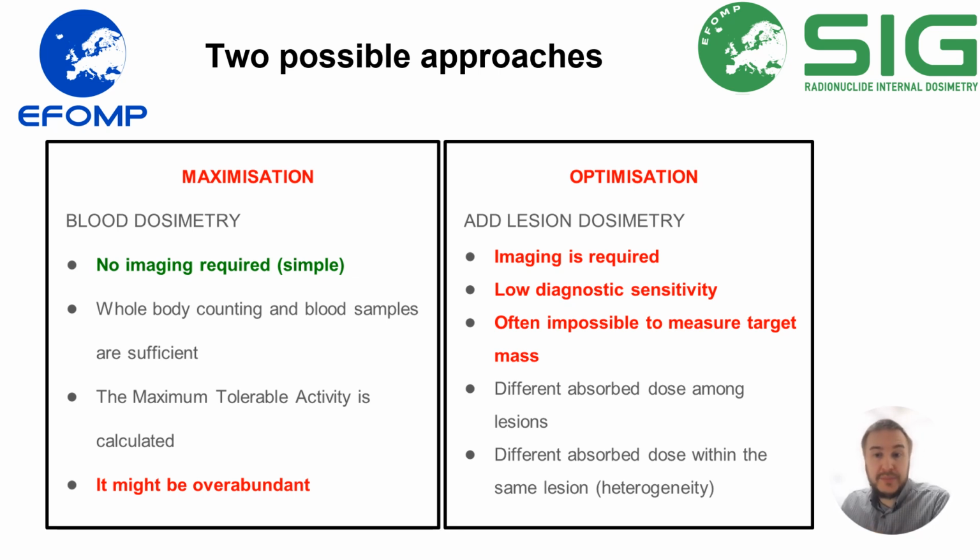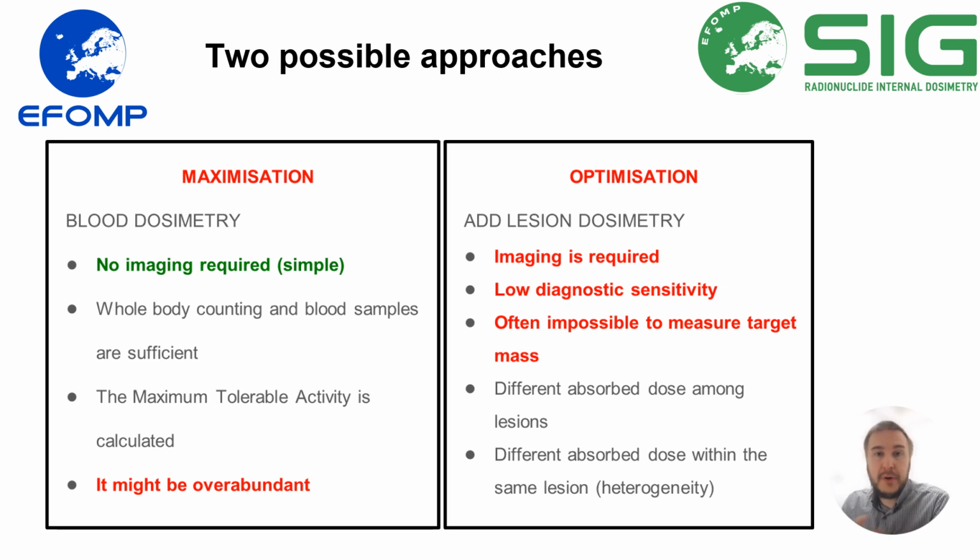Or the optimization approach, on the other hand, where we're treating to a lesional dose, obviously requires some kind of imaging, and it's often impossible to measure the target masses. So that's one of the problems, especially if we're talking about thyroid remnants, which are just small amounts of residual tissue that is very hard to quantify.